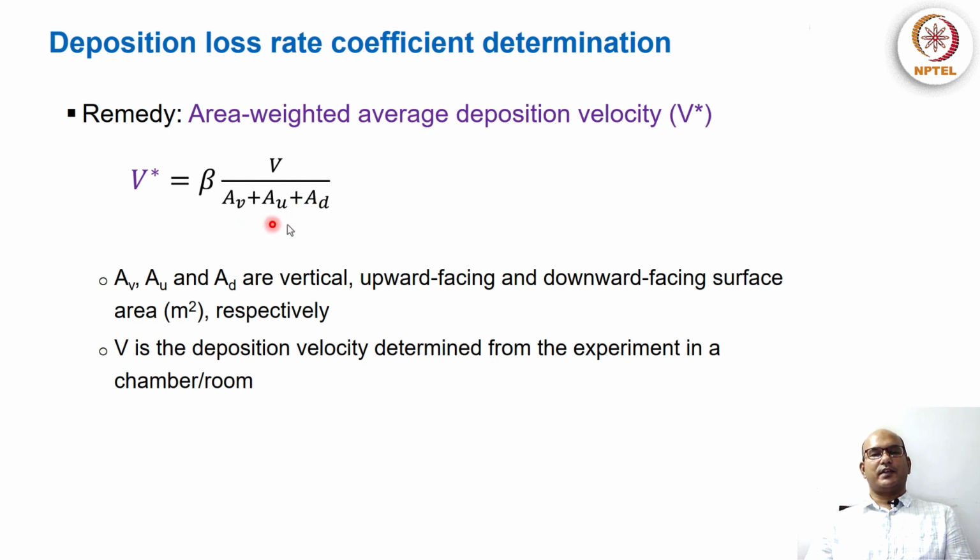This alleviates the configuration issue, because it is area weighted, and this velocity can again be determined from an experiment conducted either in a chamber or in a room.